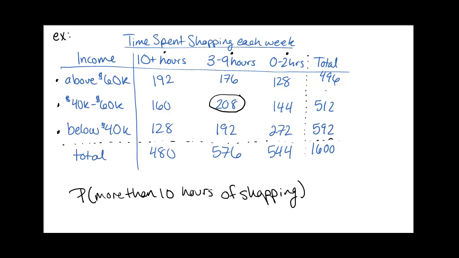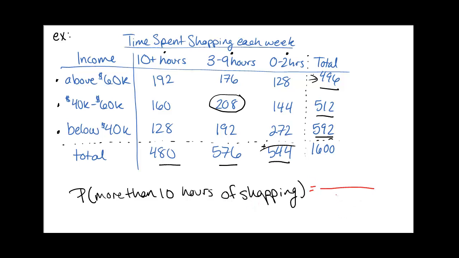When you make these tables, it's a good idea to make totals for each row and each column. So we can see, for example, the total of people who shop between 0 and 2 hours is broken into the 3 income levels, but it's added all the way up at the bottom here into 544. So this problem asks, what's the probability that any person that we select shops more than 10 hours each week?